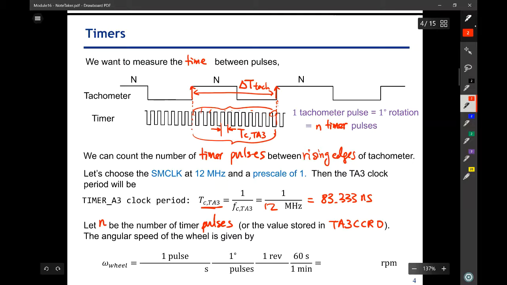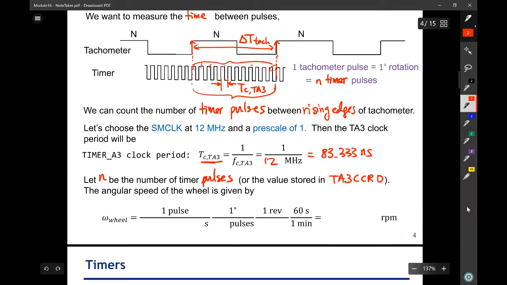We're going to revisit this in a few minutes. Then the angular speed of the wheel is given by this equation here. Let me bring it up a little bit.